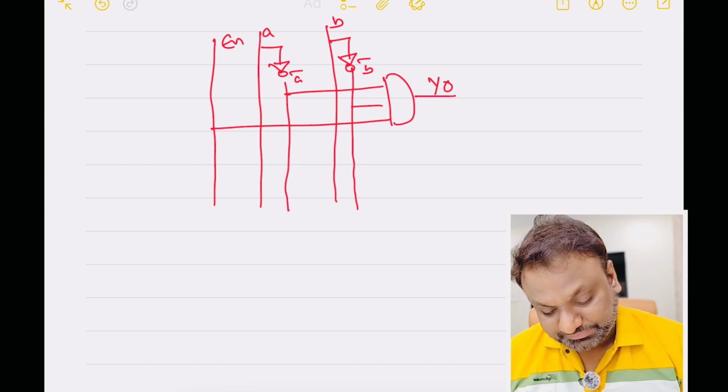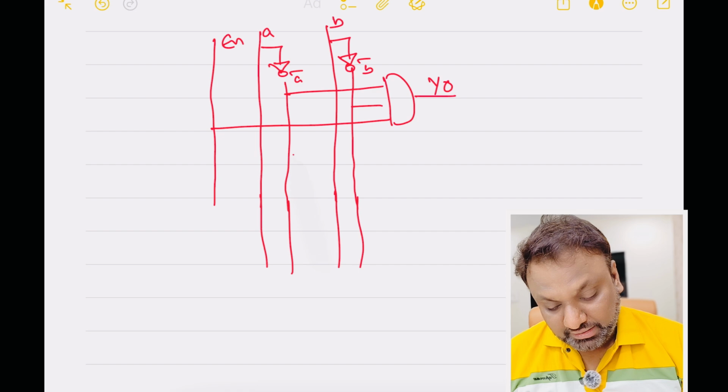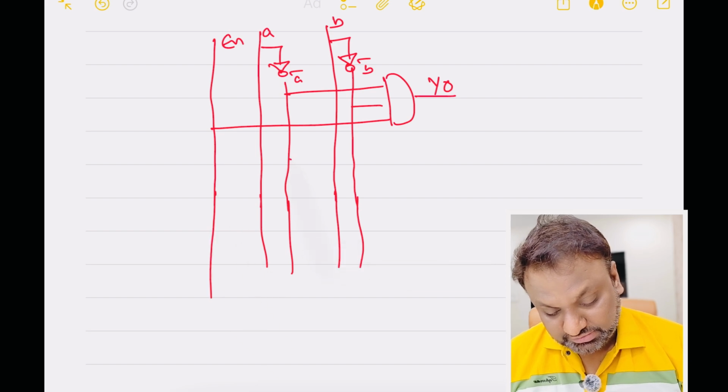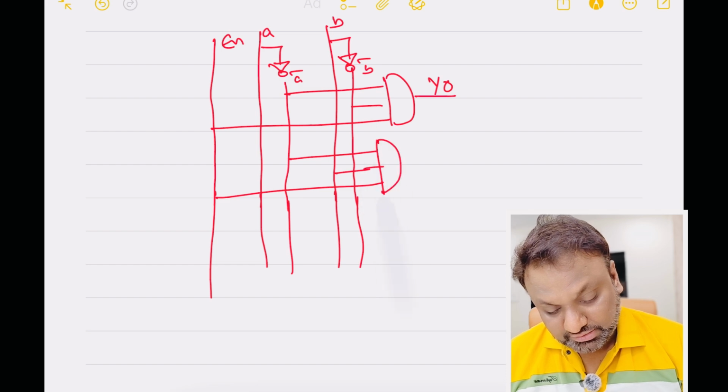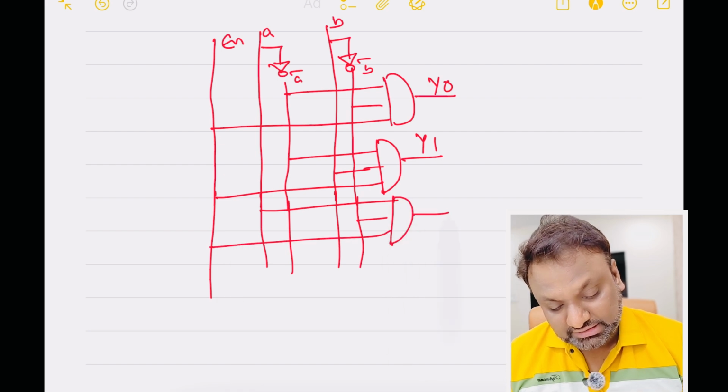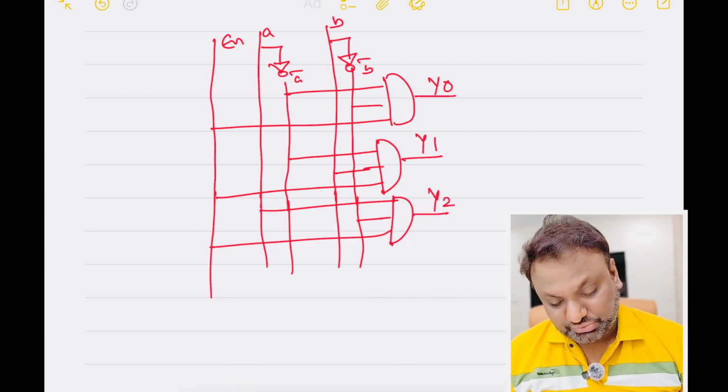Next, for 0 1 with enable, this is y1. For 1 0 with enable, you give it to an AND gate and this will be your y2.